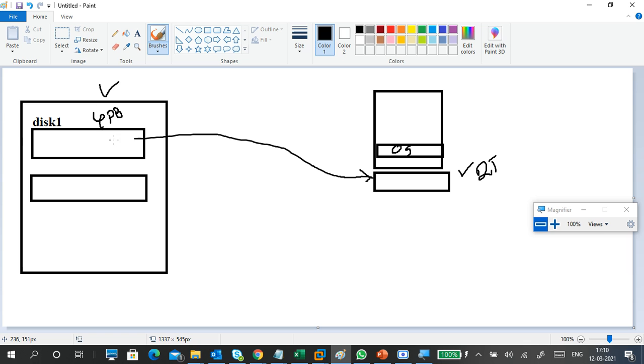What I do is take a small space, 2 terabytes, from the 4 petabytes, and I will give it to this PC, for example C1. They want 2 terabytes of disk space. I took 2 terabytes from here and I'm giving it to them.